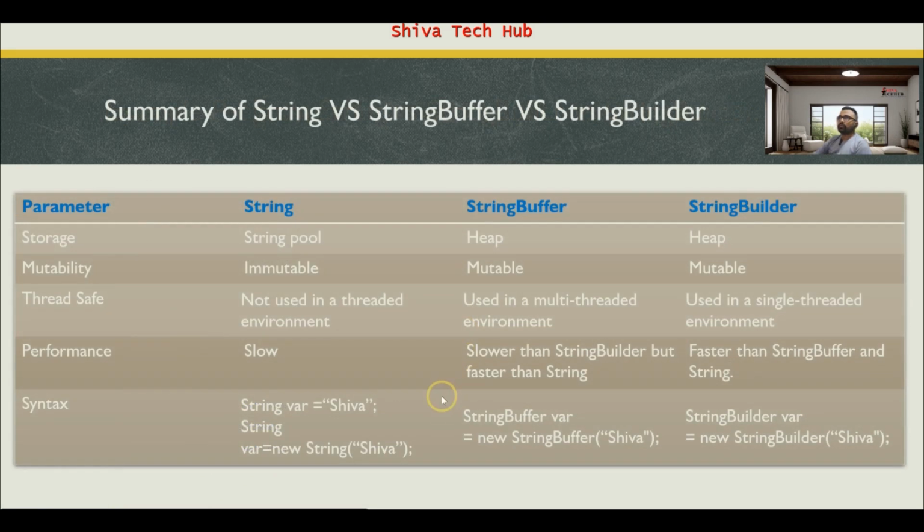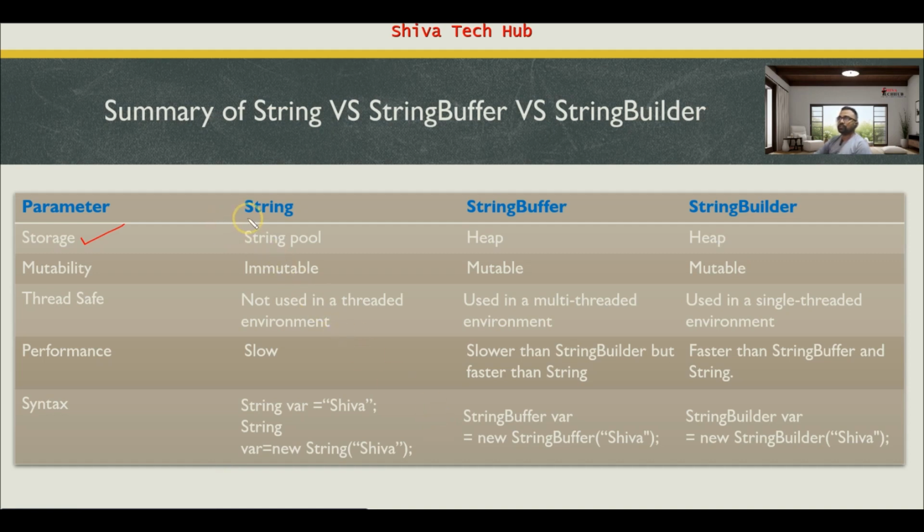So to summarize, we will also be looking at the difference between String, StringBuffer, and StringBuilder based on a few parameters. First, let us understand the first parameter, storage, in terms of where it will be stored. As I said, we have the Java heap, and inside that Java heap we have a string pool, which is a dedicated memory location for the String class.